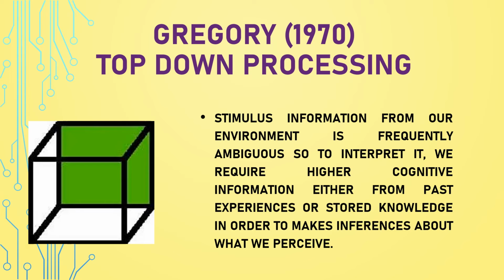The brain develops two hypotheses. That is why the orientation is switched. So this is top-down processing. The stimulus from our environment is frequently ambiguous. So to interpret it, we require higher cognitive information, either from our past experience or stored knowledge, in order to make inferences about what we perceive.